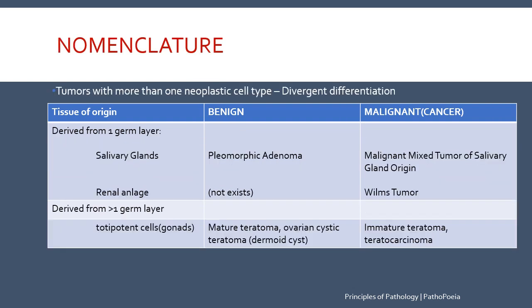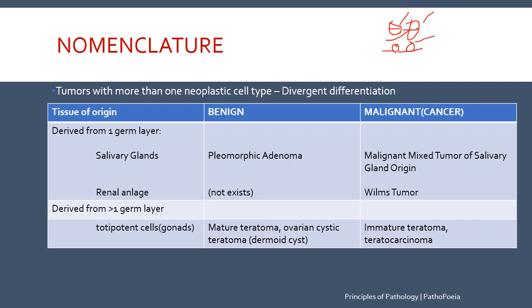Now, in most of the benign and malignant neoplasms, all of the parenchymal cells closely resemble one another. Let's say, for example, we have the neoplastic cells. Now, all of the neoplastic cells normally are similar in morphology. However, in a certain set of tumors, the neoplastic cells are of different varieties.